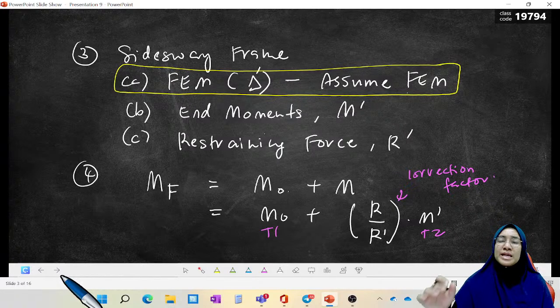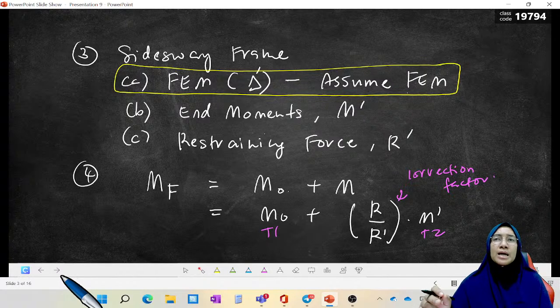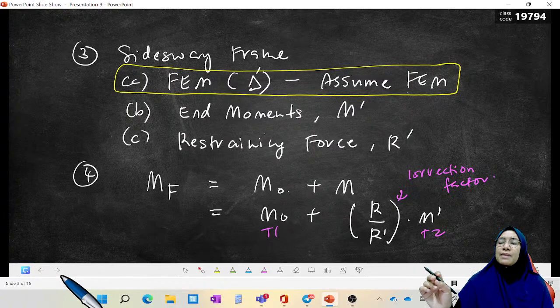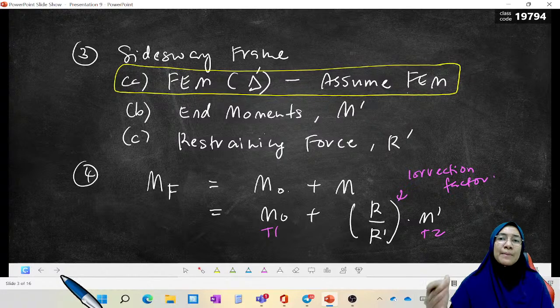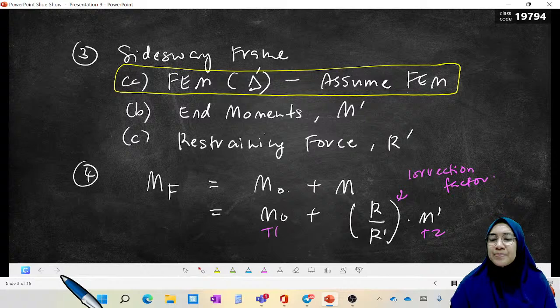So we need to calculate the member end moment in table number 2, and we label it as M prime. And after that, by using the end moment that we get from table number 1, we can calculate the restraining force R prime. So how does the frame look?